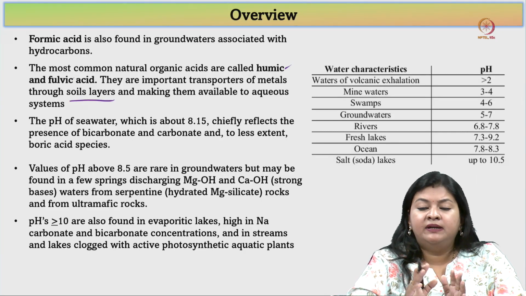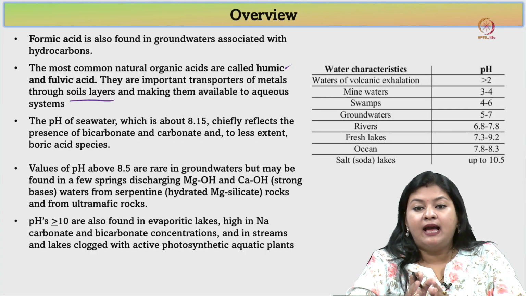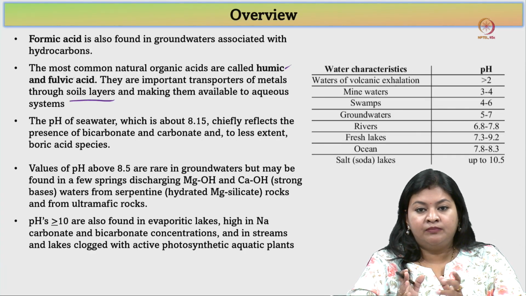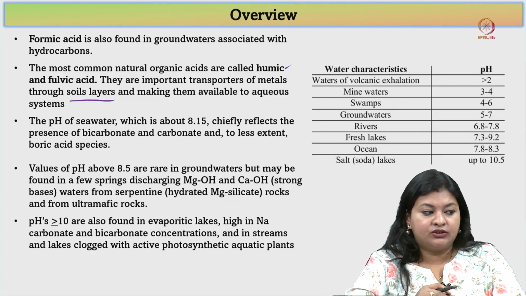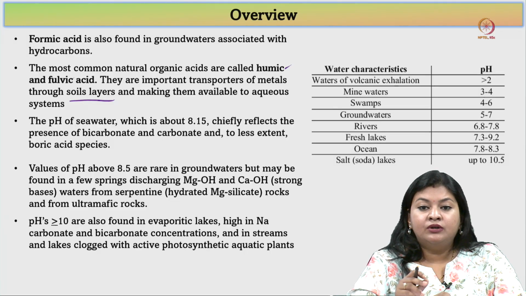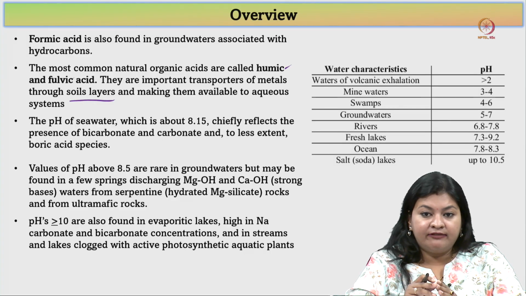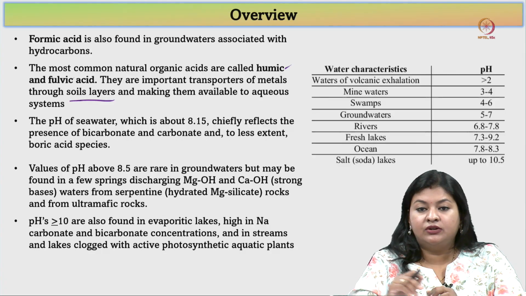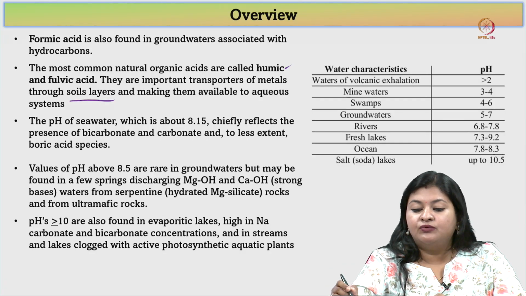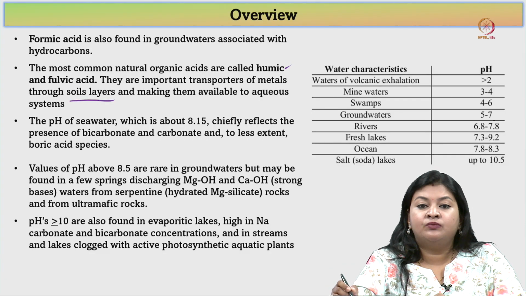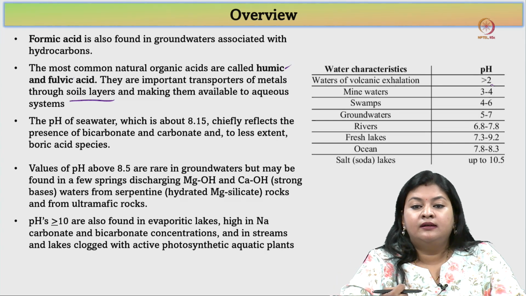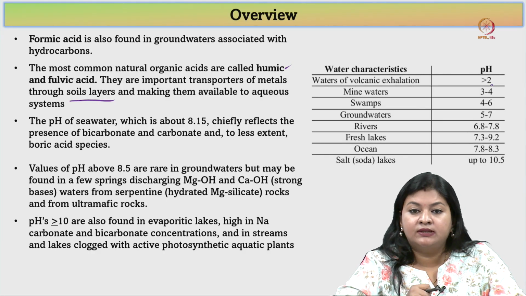So the bicarbonate ions drive the system to be more alkaline in nature, as compared to H plus ions, which drive it towards more acidic. Here, in an example, why are waters of volcanic exhalation so acidic? Because all the gases are going out: carbon dioxide, SO2, different kinds of nitrous oxides.